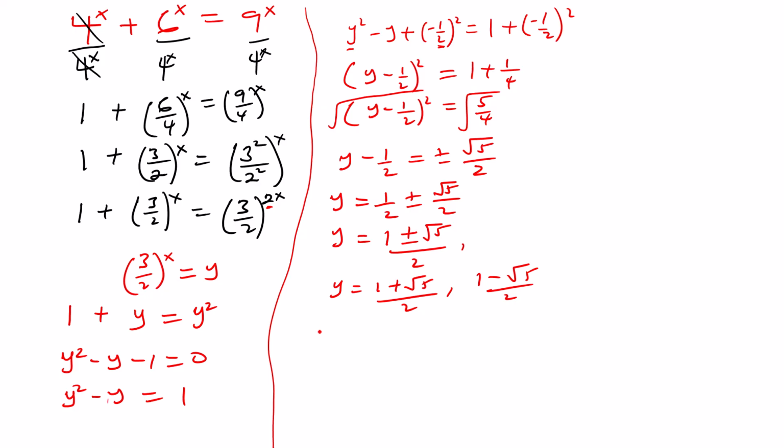Now let's focus on this: 3 on 2 raised to x equals y. Now let's solve for x by taking log on both sides. Let's take natural log on both sides.